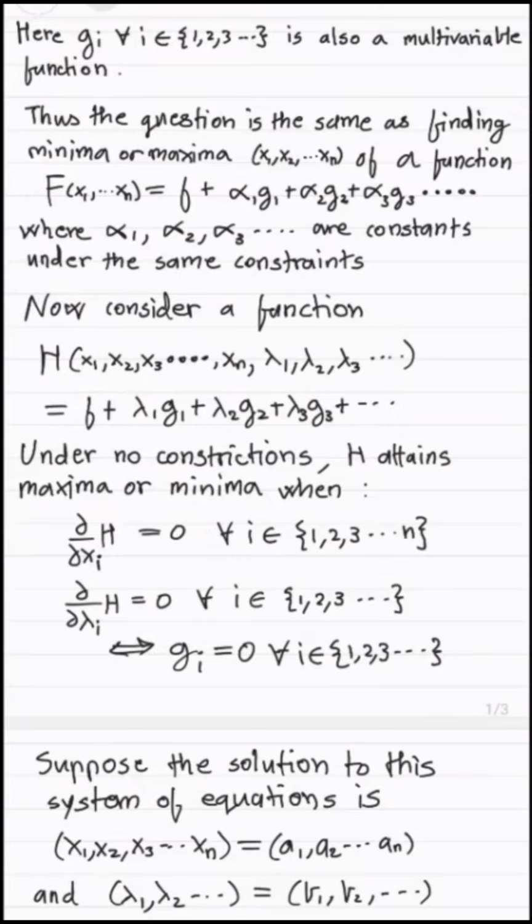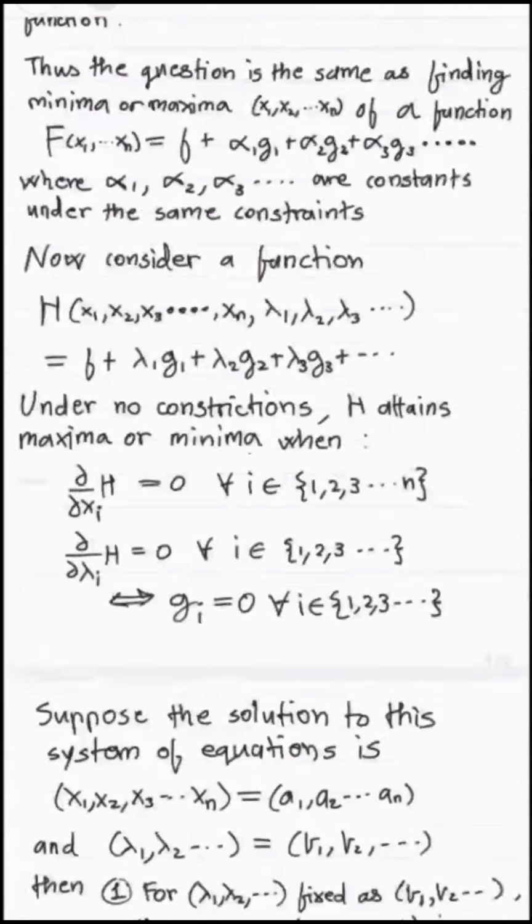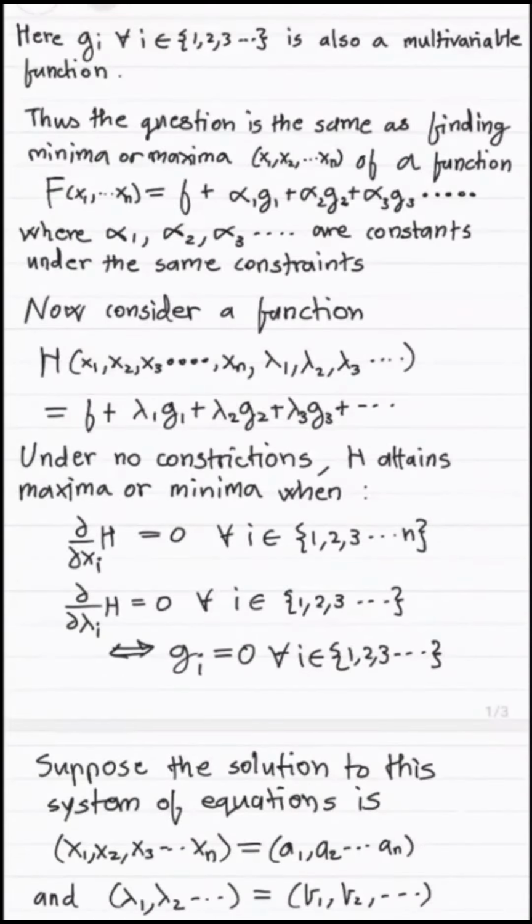But then we already said that whenever capital F attains a maximum or minima, small f also attains a maximum or minima. So our small f will attain a maximum or minima when these conditions are met: when you have alpha i equal to bi, and when you have xi equal to ai. So to figure out ai, you can make a function capital H like this, write down these equations, and solve that set of equations.